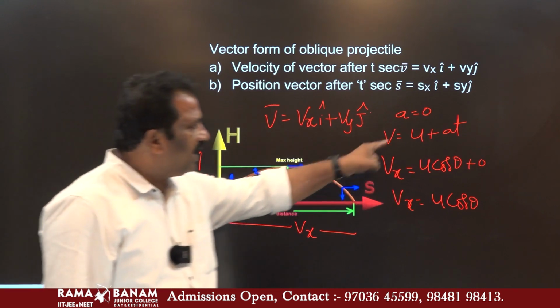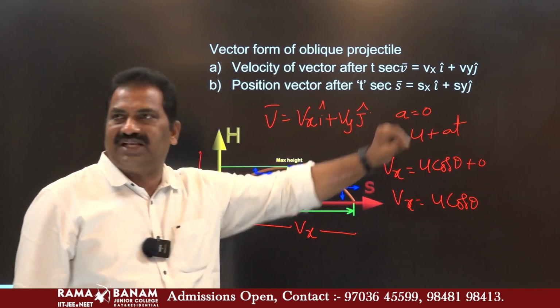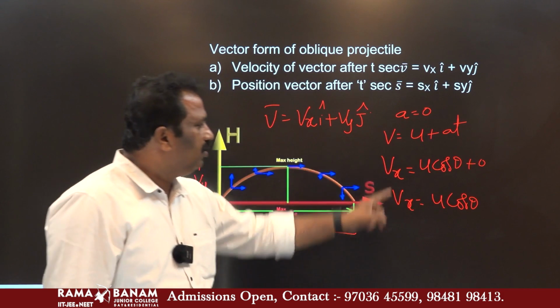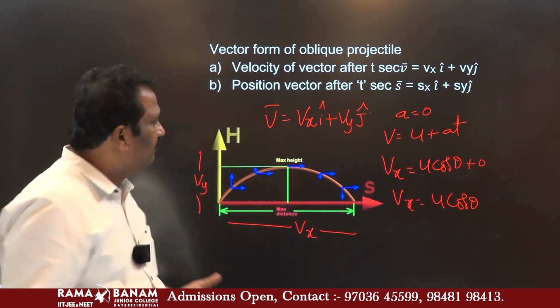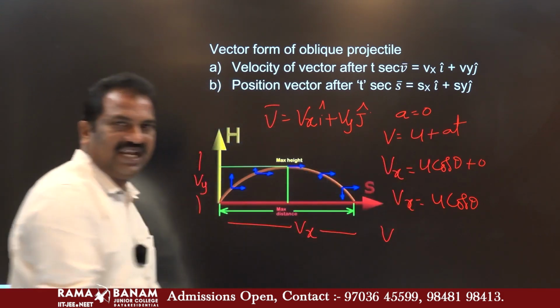Using v is equal to u plus at after t seconds, along horizontal the acceleration becomes 0, so Vx is equal to u cos theta. And what about Vy? We substitute the same, v is equal to u plus at.